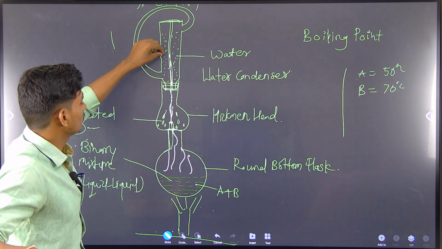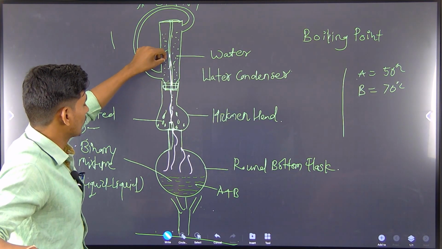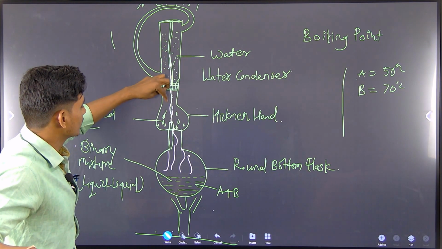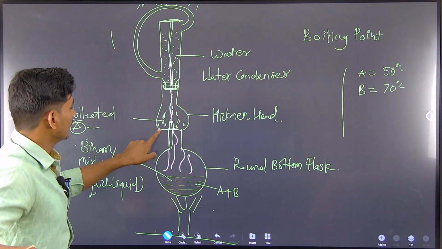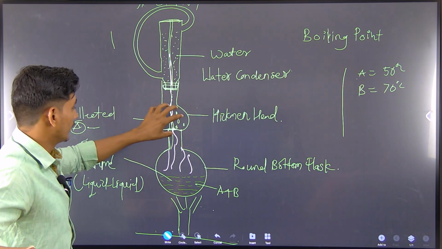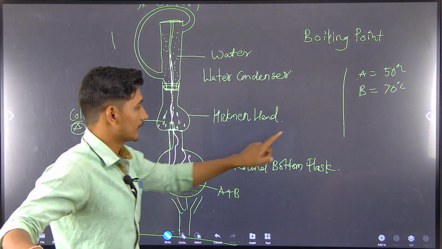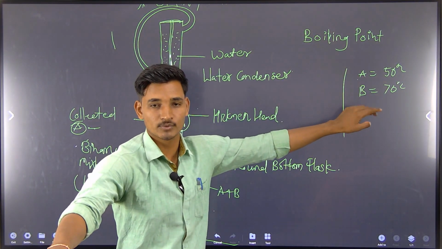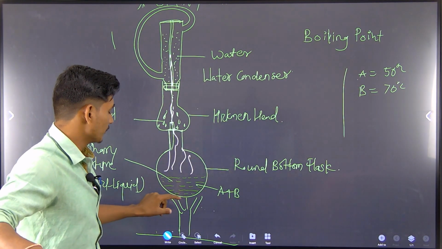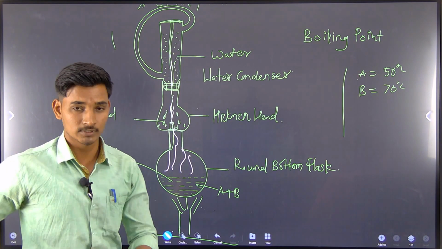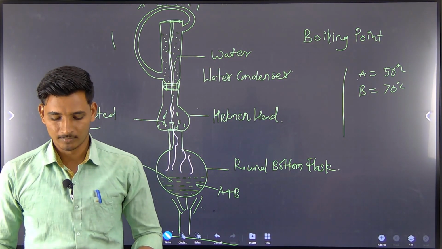These vapors come in contact with the cool water and convert into droplets, and these droplets are collected in the Hickman head. This is how compound A is separated. The remaining compound B, whose boiling point is 70 degrees Celsius, higher than A, remains in the flask. By this process, or mechanism, we separate the liquid type of binary mixture.